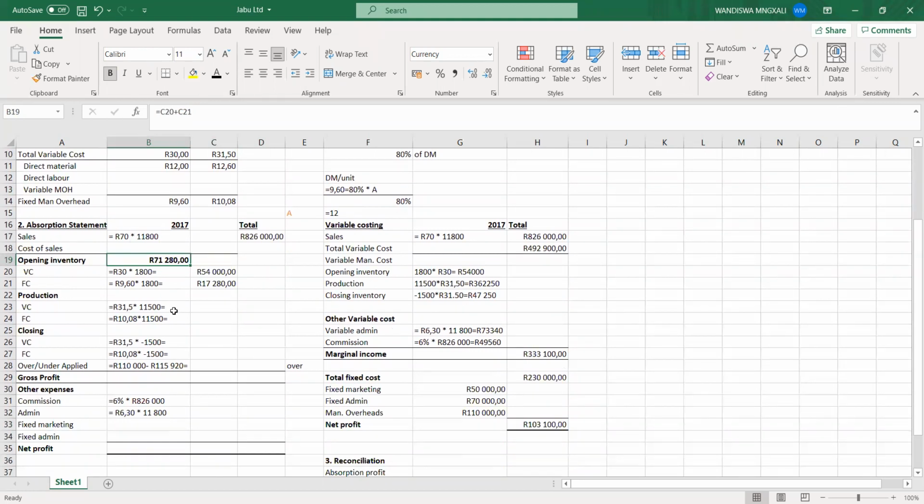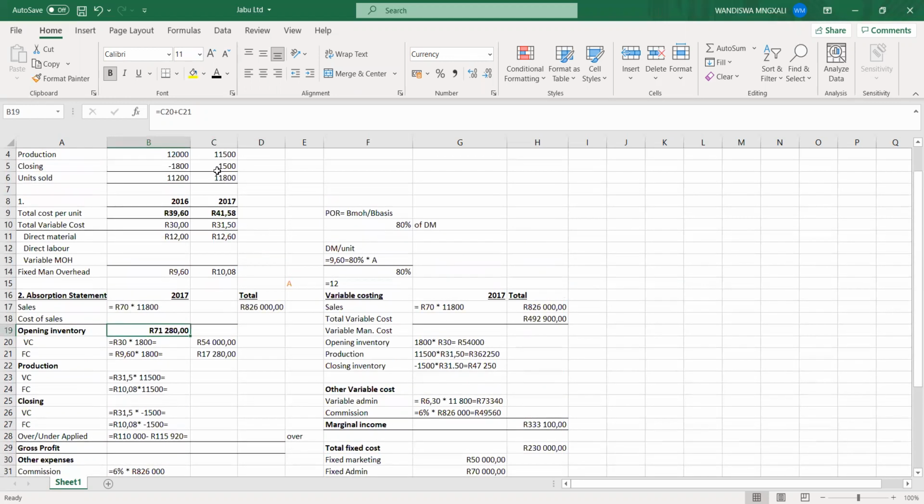Then we move on to our production. Now, bear in mind, this is when the 5% increase came into effect in the year 2017. So now we're using these new variable costs. So it will be the 31 Rand 50 cents times the 11,500, which was the planned production units in the year 2017. Then that will give you a variable cost of 362,250.